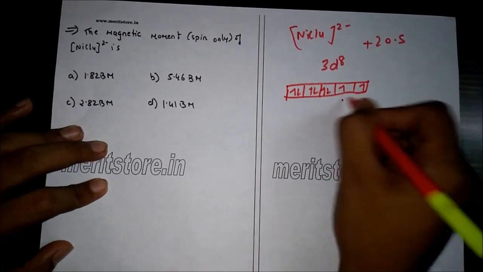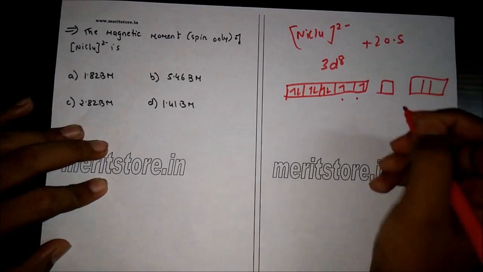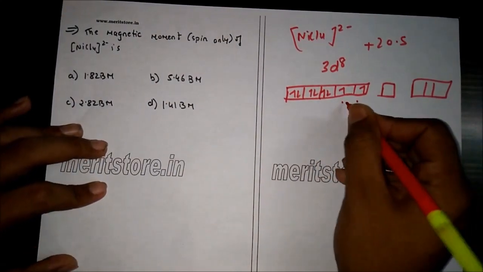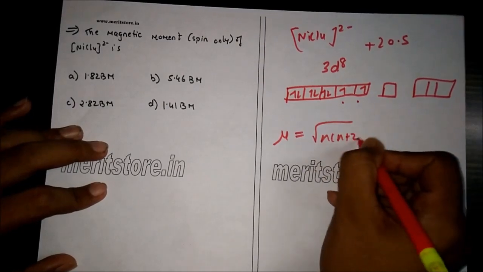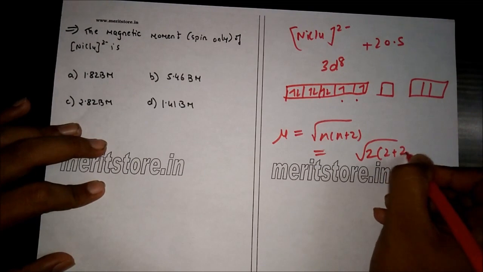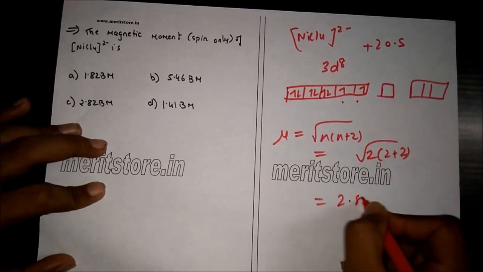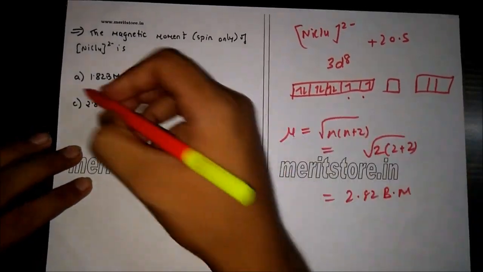So the number of unpaired electrons will be 2. Therefore, the number of unpaired electrons will be 2. The magnetic moment is given by root of n into n plus 2, where n is the number of unpaired electrons. Therefore, substituting the values, 2 into 2 plus 2, which gives 2.82 BM. The correct answer here is therefore option C, 2.82.